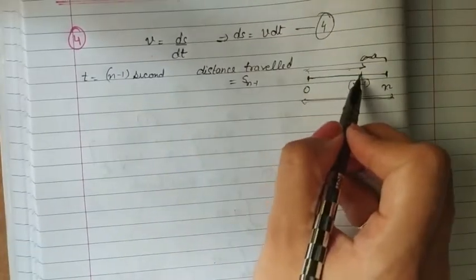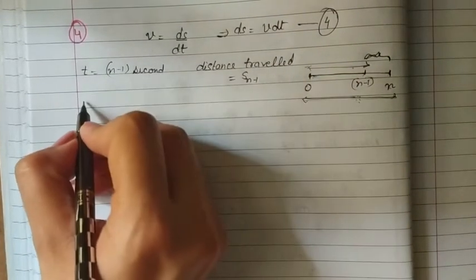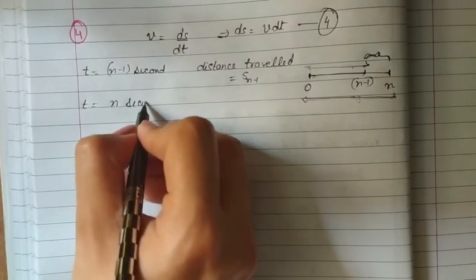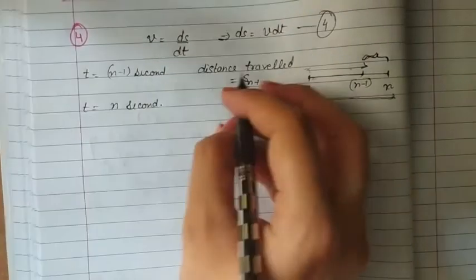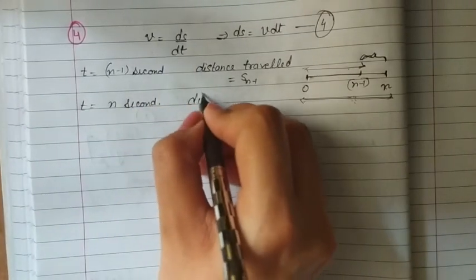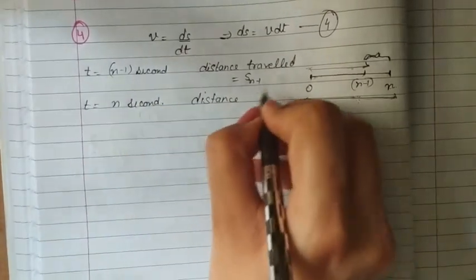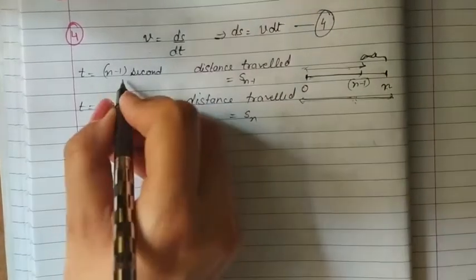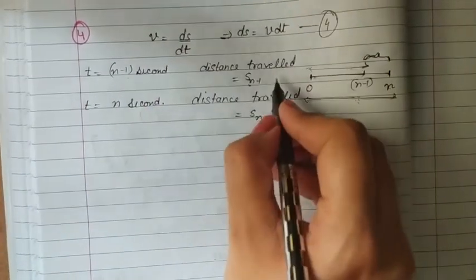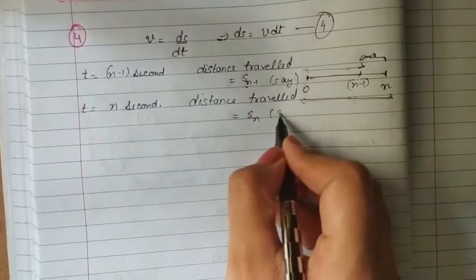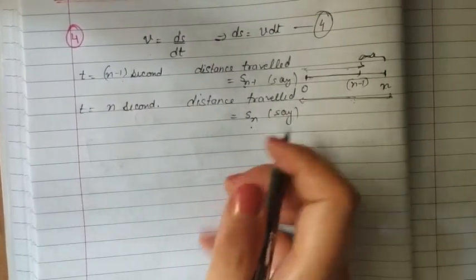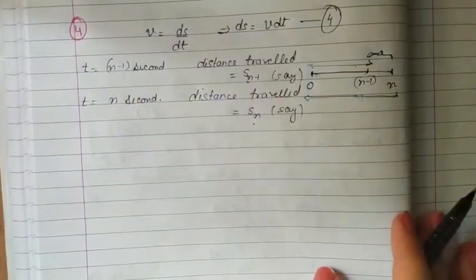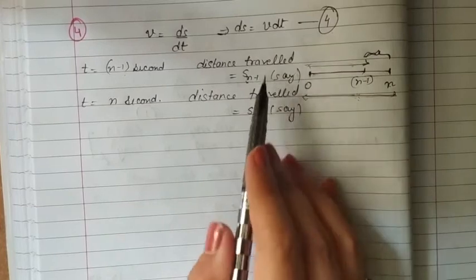For the second position we have time equal to n seconds, and for this the distance traveled we are assuming as Sn. So for the n minus 1 second position we assume Sn minus 1, and for n seconds we assume Sn. Now we are going to use these expressions for limits. Integrate equation number 4 within these limits.